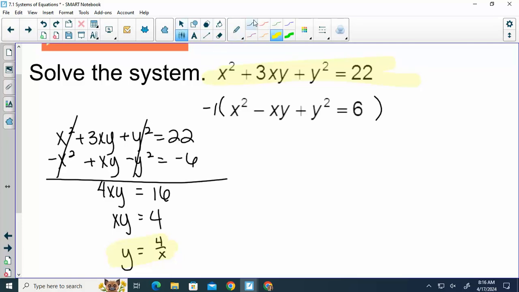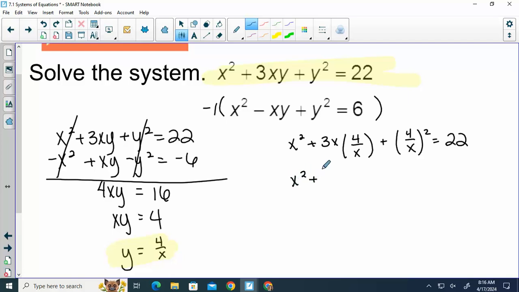So if I go with that, we have x squared plus 3x times y, which is 4 over x, plus y squared, so 4 over x squared, and if you multiply those, we get 12x divided by x, so that's 12. This would be 16 over x squared.